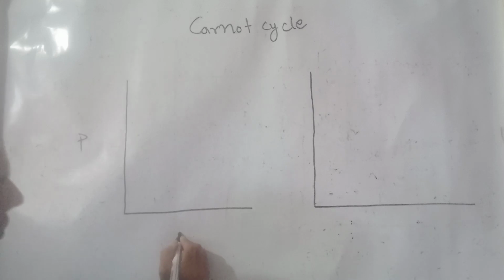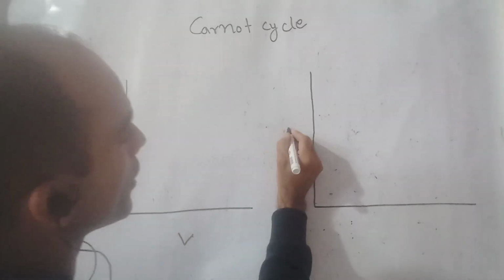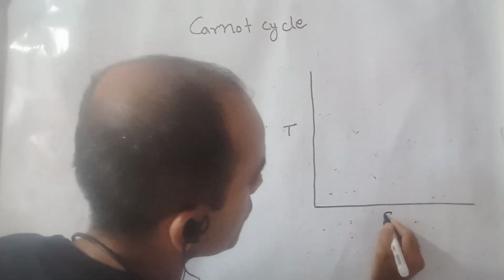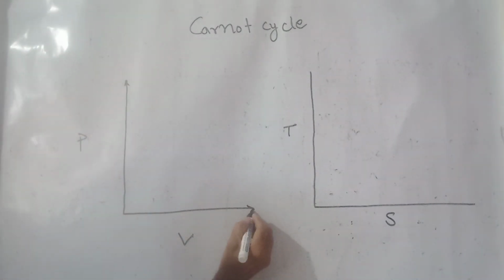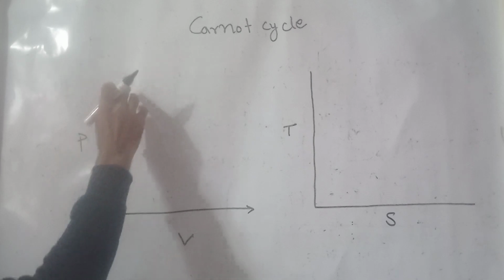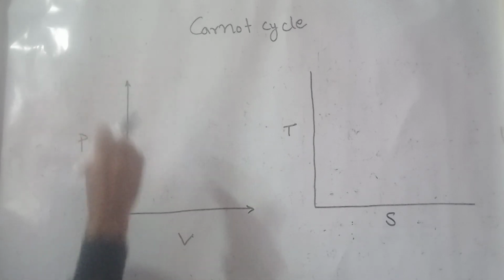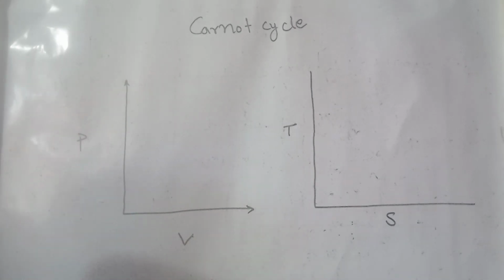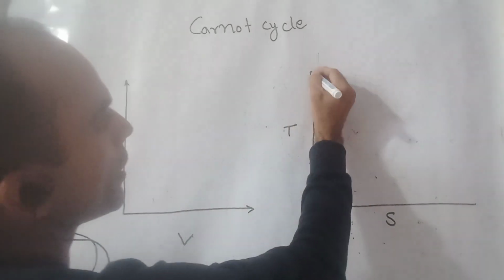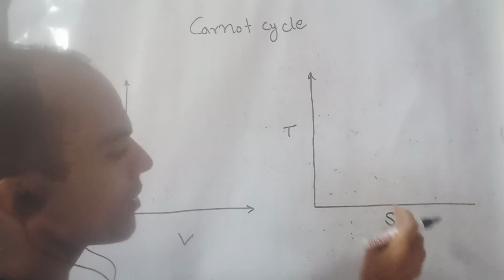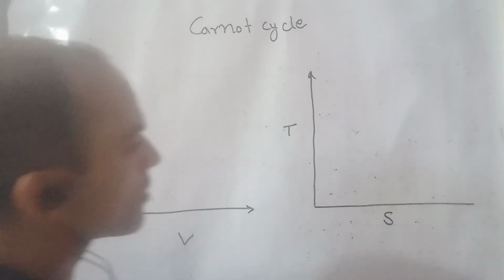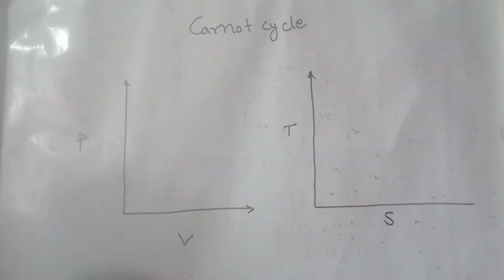P is the pressure, V is the volume, T is the temperature, S is the entropy. In a PV diagram, pressure is taken along the y-axis and volume along the x-axis. In a TS diagram, temperature is taken along the y-axis and entropy along the x-axis.